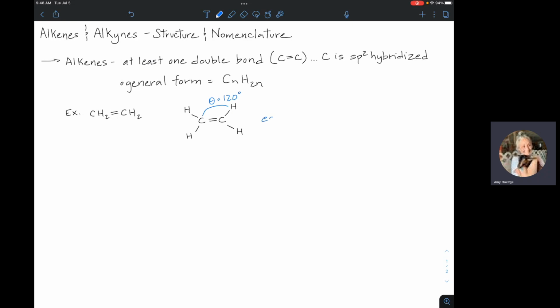The electron geometry is trigonal planar. That's going to be a big deal to us later on. When I tell you that something is sp2 hybridized, it's like I'm saying, hey, this is flat.